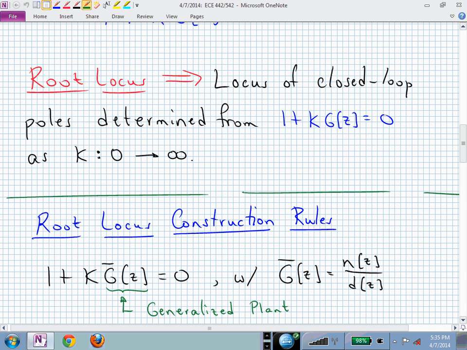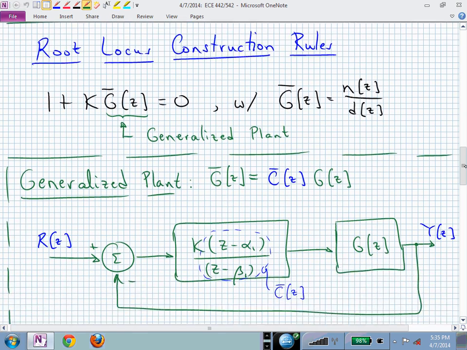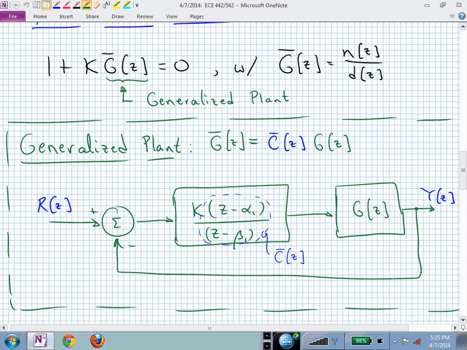It may be a collection of pieces of our controller, zero factors and pole factors. This is what I mean by the generalized plant G bar. It might actually consist of, and there could be more than these two factors in this C bar of Z, but G bar represents everything in here except this gain K. So we're factoring that K out of everything in that forward path.